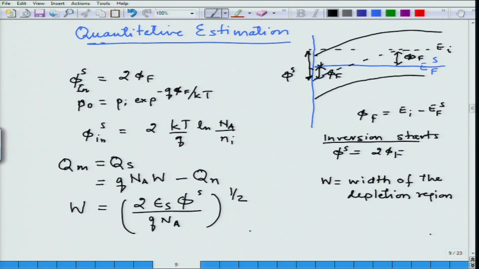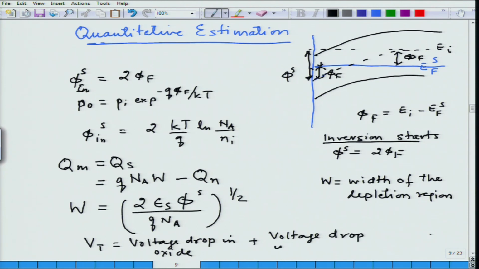So, the threshold voltage is going to be equal to the voltage drop in oxide plus the voltage drop in the depletion region at the inversion point, at the start of inversion.